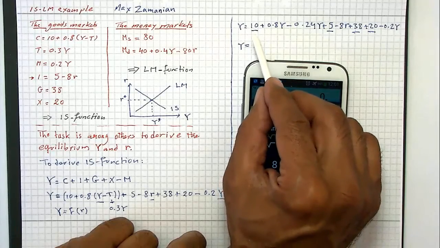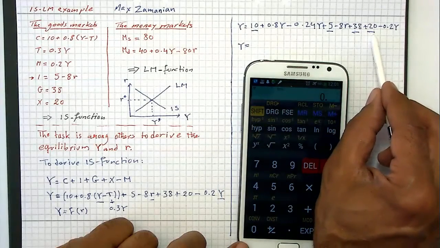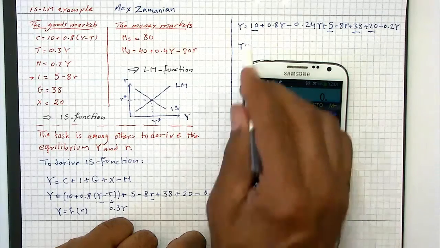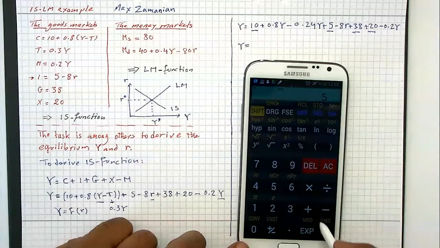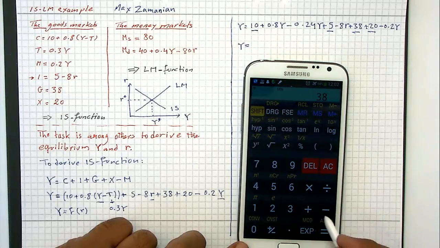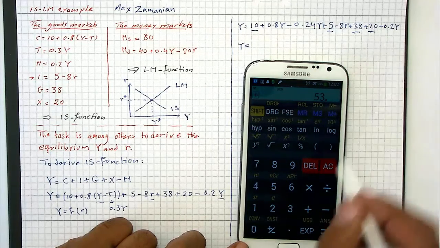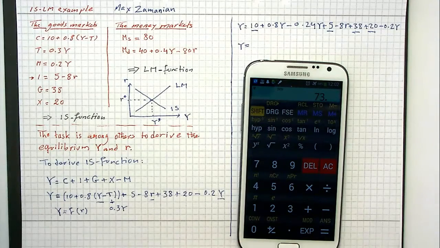I can put all these constants first, so I just add them together. 10 plus 5 plus 38 plus 20 is equal to 73.